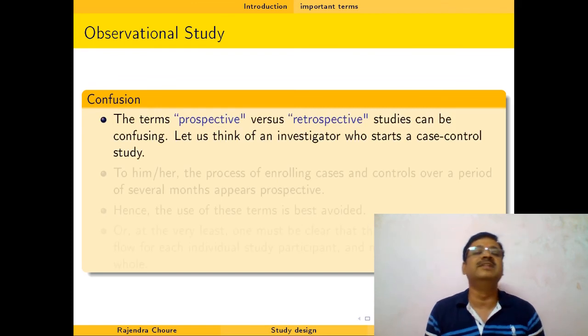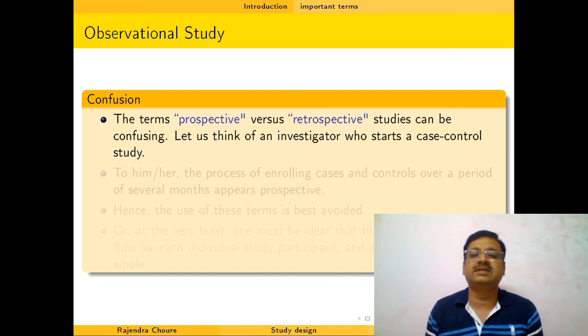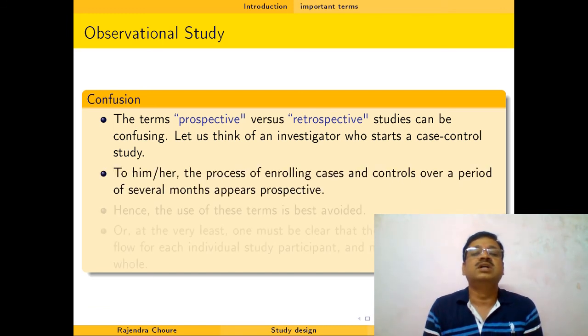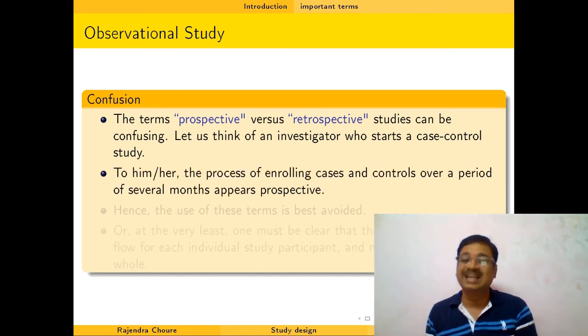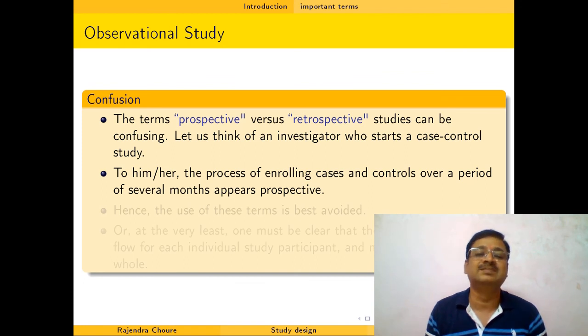A confusion will be there in the terms prospective and retrospective studies, because of the process of enrolling cases or assigning the subjects and controls over a period of time, we may tend to think that this particular study is a prospective one.